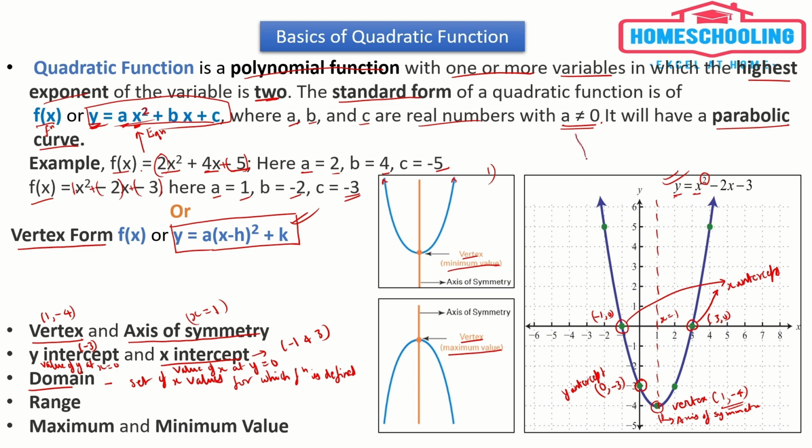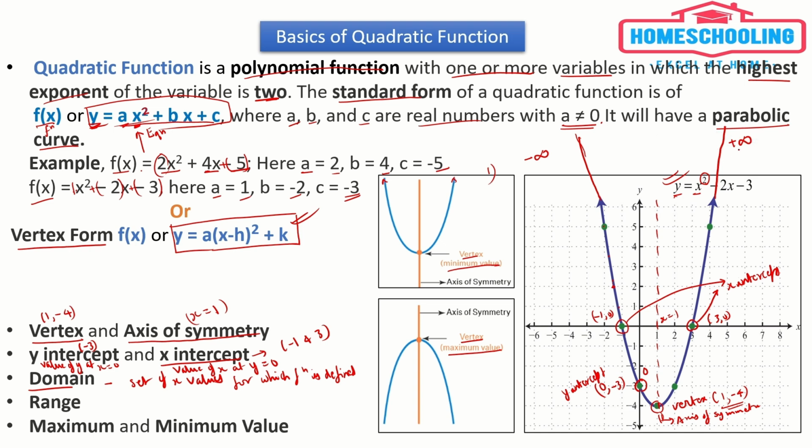As we move, this parabolic graph will move further away. So the x value will go from negative infinity to positive infinity. We will have all the real numbers from negative infinity to positive infinity.